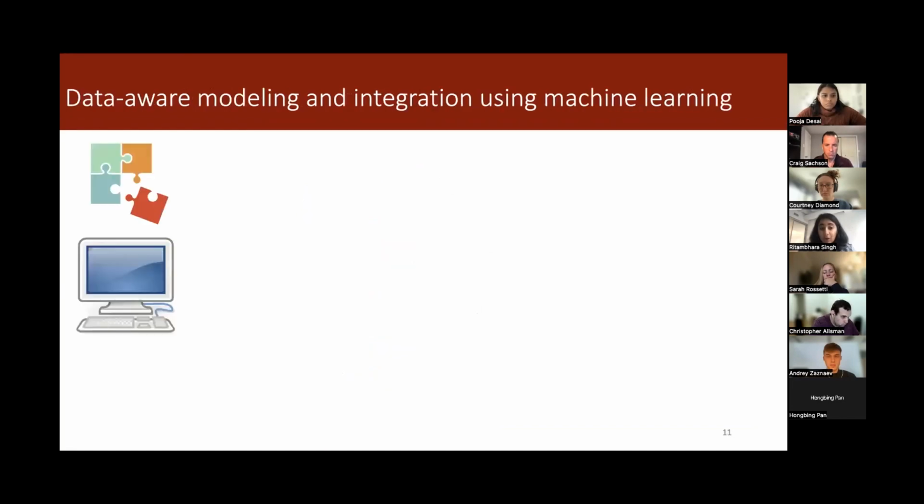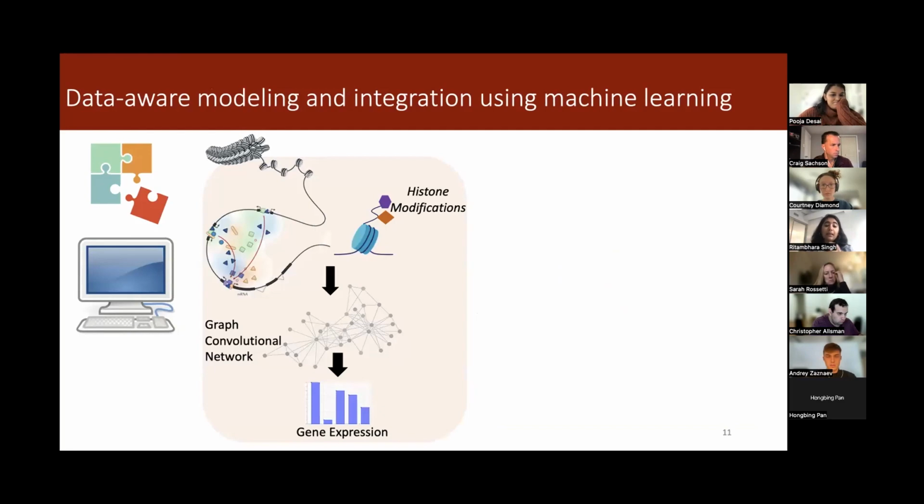So in today's talk, I'm going to talk about two projects where I'm going to show how we do this data-aware modeling. In the first task, we are combining the 3D architecture of the genome and a genomic signal called histone modification to predict gene expression. And we use a graph convolution network to accurately model the underlying structure of how the DNA is arranged inside the cell.